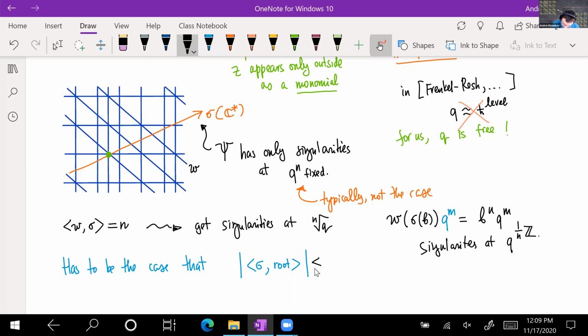So this has to be less than or equal to 1. Such a condition is very well known in Lie theory.